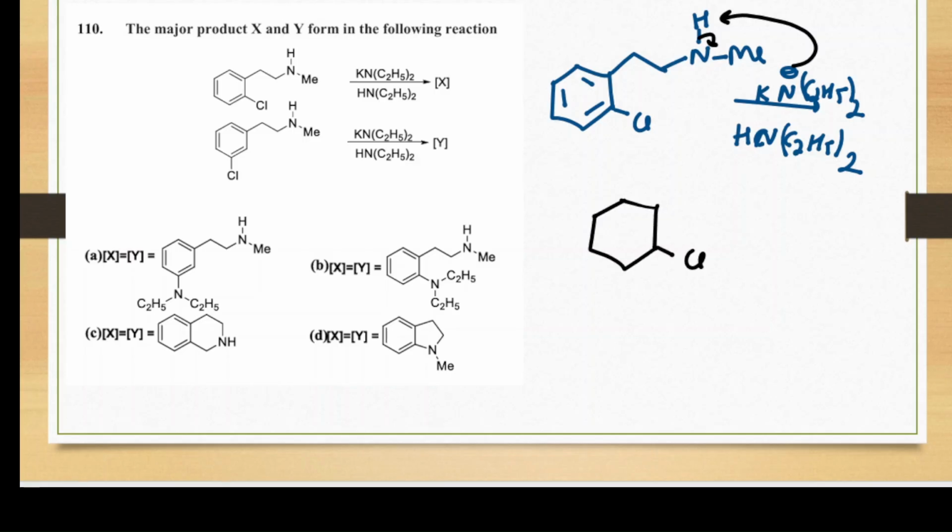Here the Cl group is as it is. Here these electron densities, and here will be this negative charge and this methyl group. Now this becomes ready to give an intramolecular nucleophilic attack on this particular center, and this Cl group can leave from here.